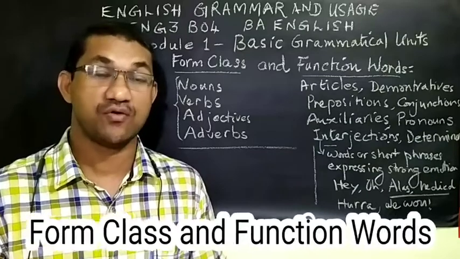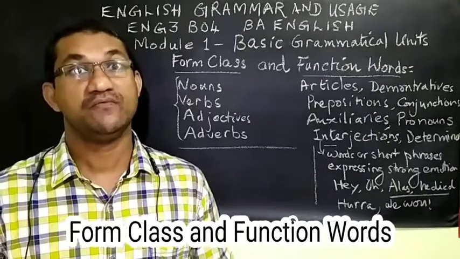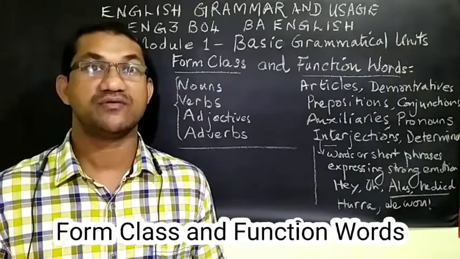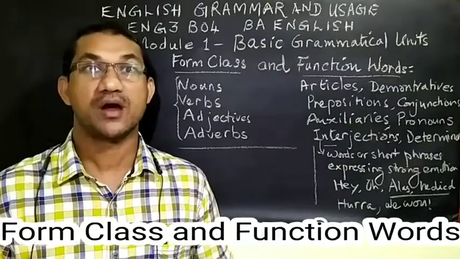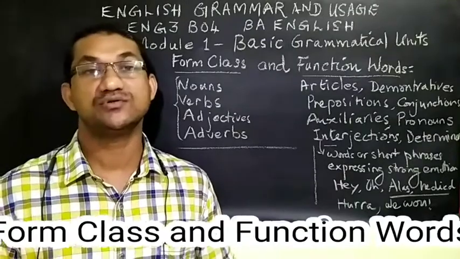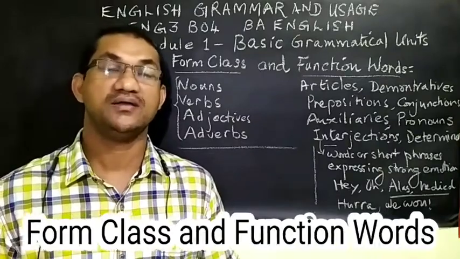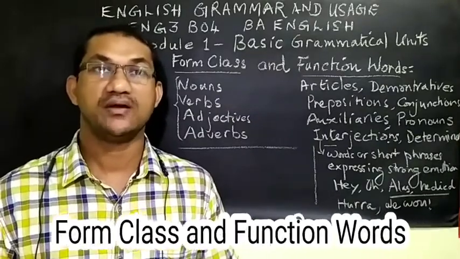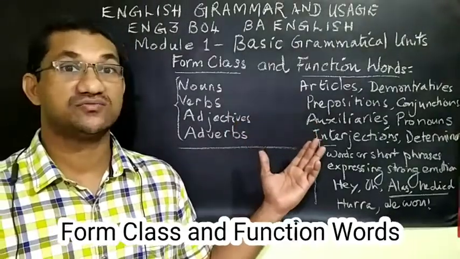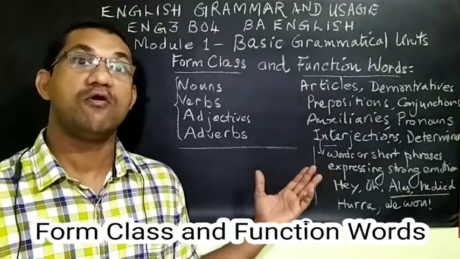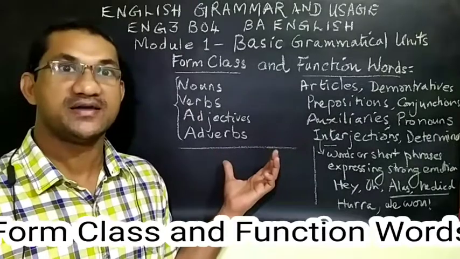Let us understand what we mean by form class words and function words. We know that the English language has thousands of vocabulary items. All these thousands of vocabulary items are broadly divided into two groups: form class and function words. Under form class, we have four types of vocabulary items.